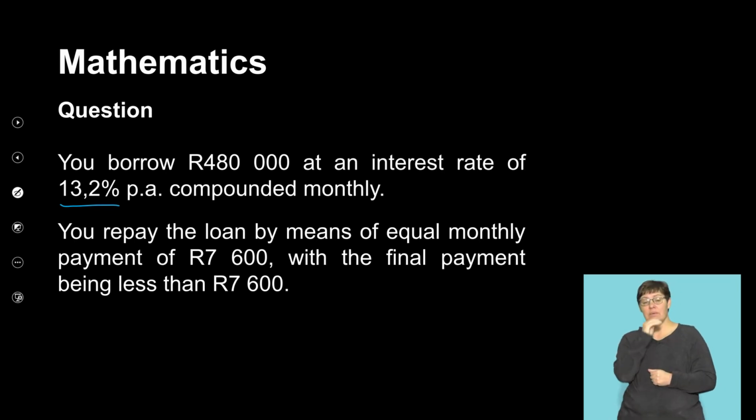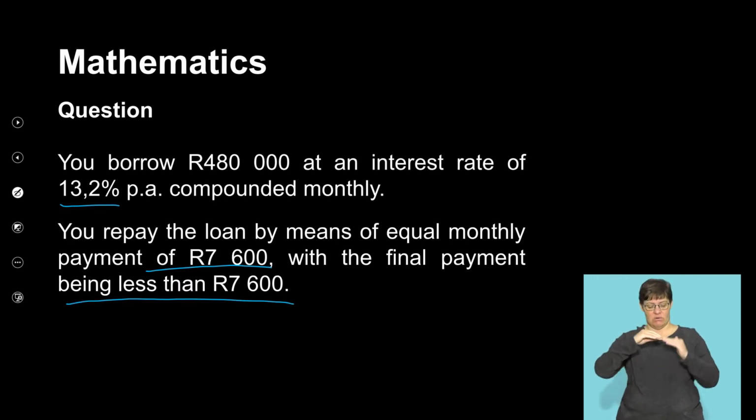You repay the loan by means of equal monthly payments of 7,600, with the final payment being less than 7,600. That really does make sense, right? Because almost all the time when you pay back something, the last payment might be maybe 5,000 or 3,000 to circulate.